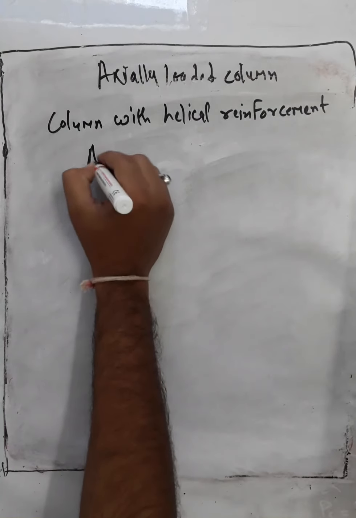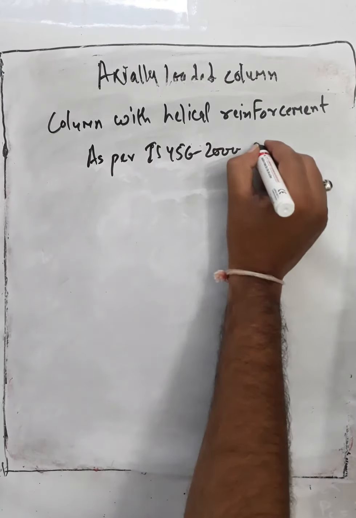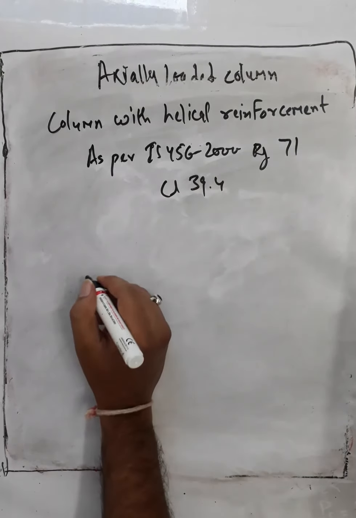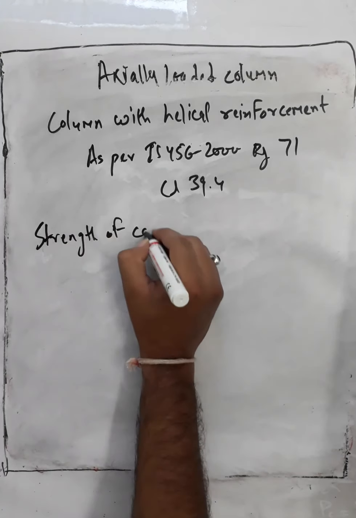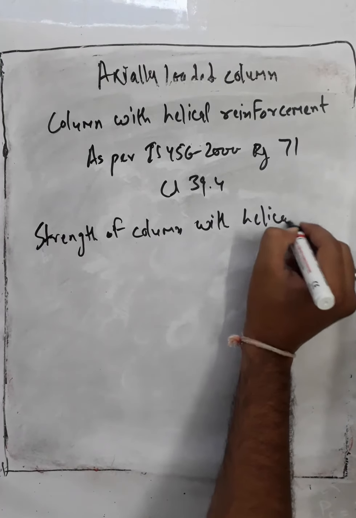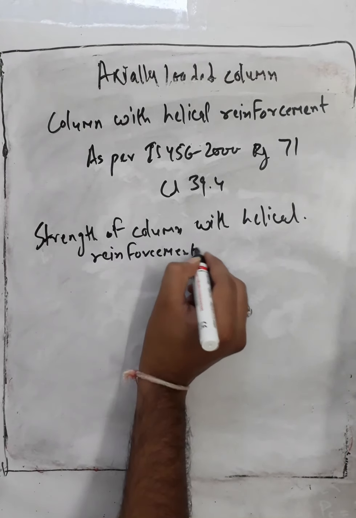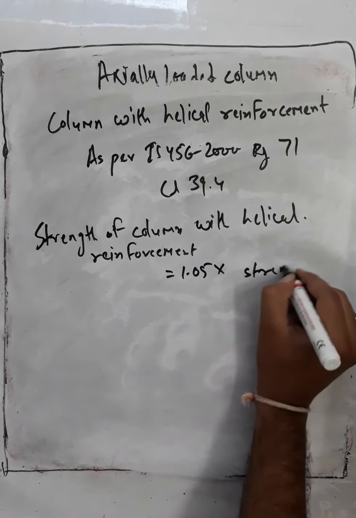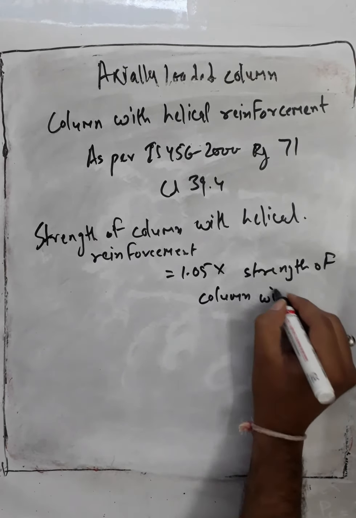According to IS 456 2000, page number 71, clause number 39.4, the strength of column with helical reinforcement is equal to 1.05 into the strength of column with lateral ties.